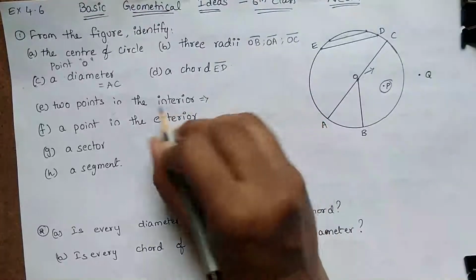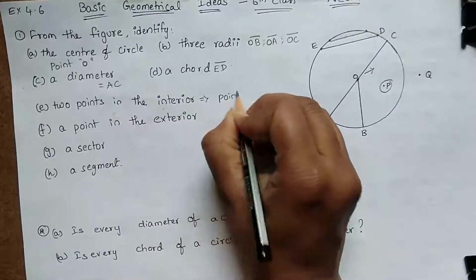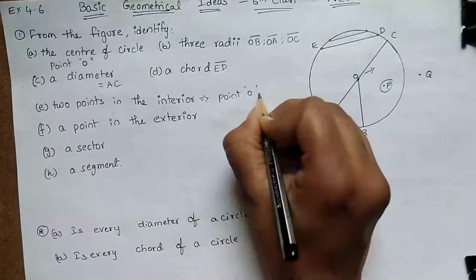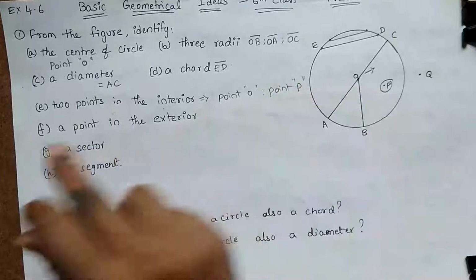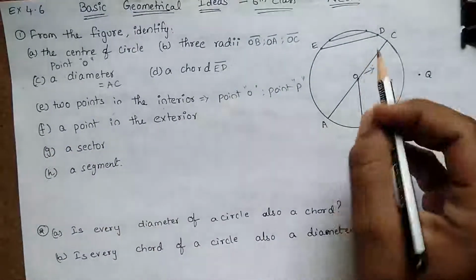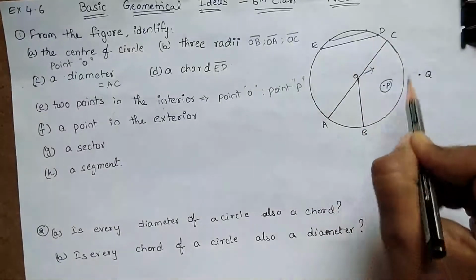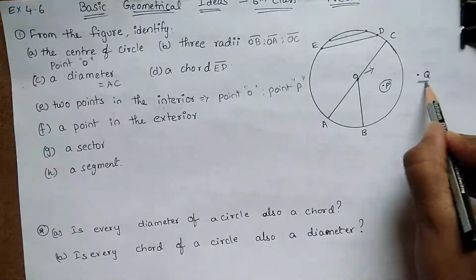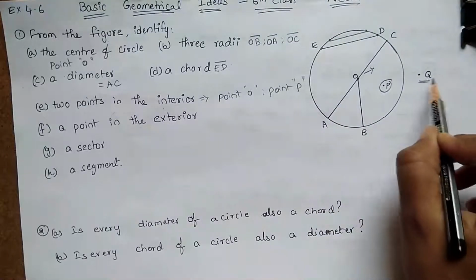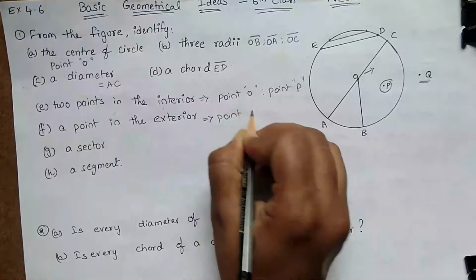So the 2 points in the interior are point O and point P. Next, a point in the exterior. Exterior means outside the boundary, which is the circumference of the circle. The exterior point is Q.